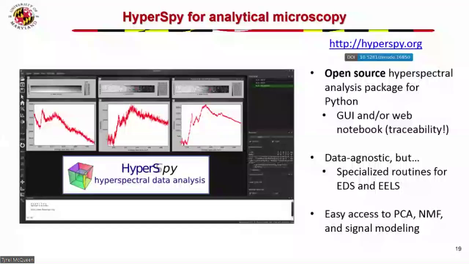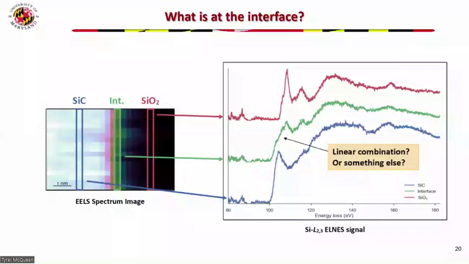What this algorithm does is look at all the points that have a similar spectrum to this, or this, or this, and combine them and tell us the main components that describe the whole data set. You can select how many components are necessary. It's easily accessible, and it's free, actually, so it's nice software to use.